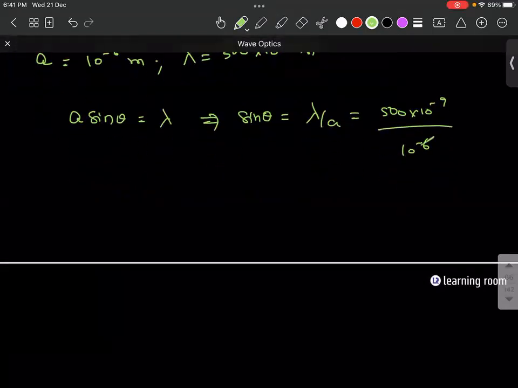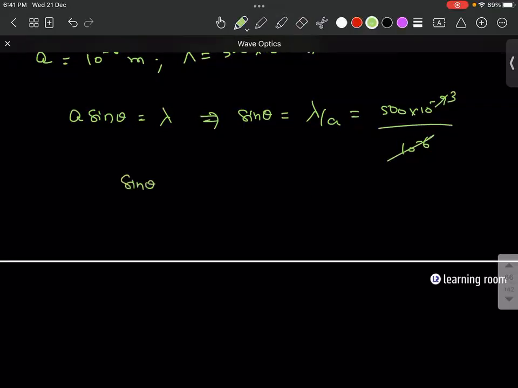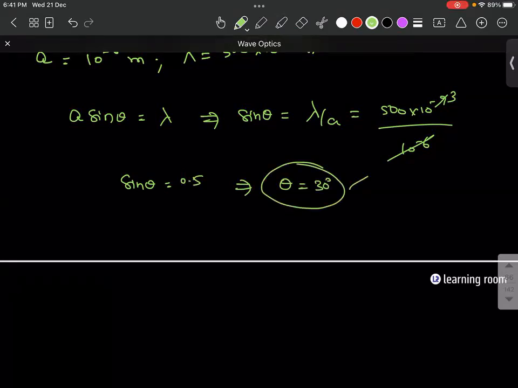So how much will be the answer? It will go 10 power minus 3 times. So sine theta will be equal to 0.5. Then what is the value of theta? Theta will be 30 degrees. So this is going to be the half angular displacement. Why do I call it as half angular displacement? Because it is the width of any other central maximum.